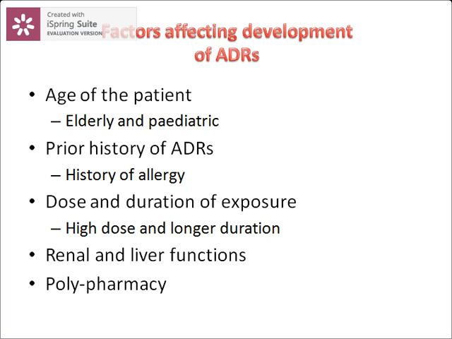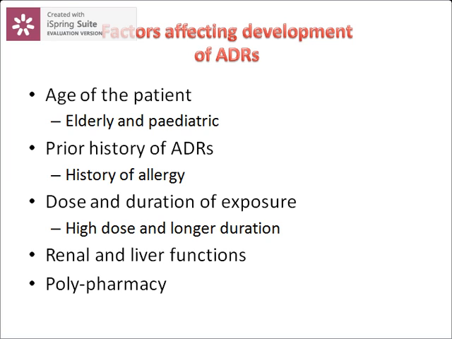That is important, particularly in allergic reactions, and one should also think of cross reaction between pharmacologically similar groups of drugs. That means allergic reaction to one penicillin group drug means chances of allergic reaction to other penicillin group drugs. The third important factor is dose and duration of exposure.